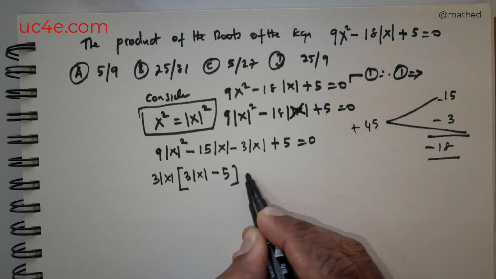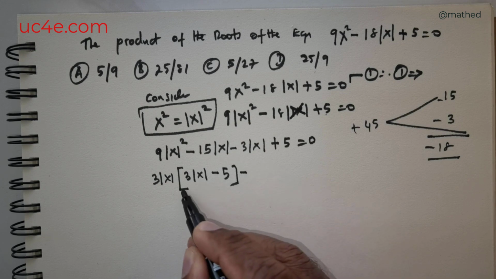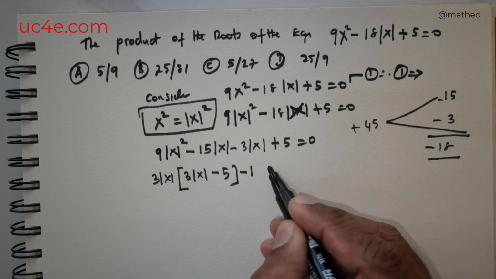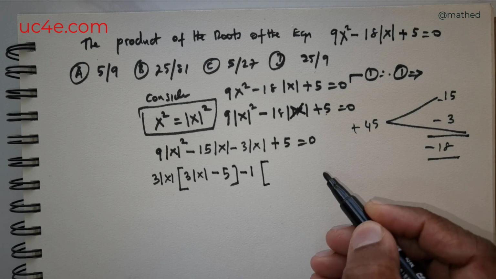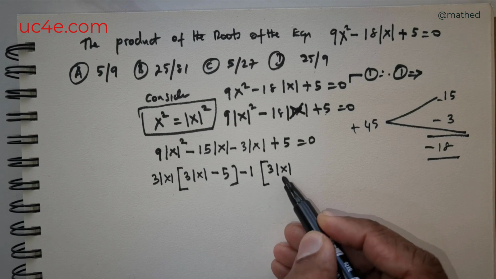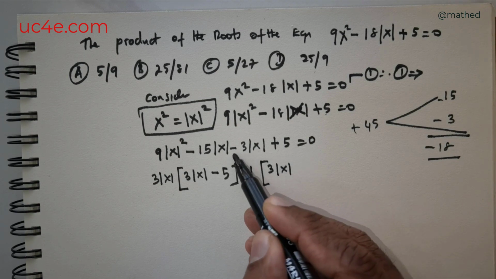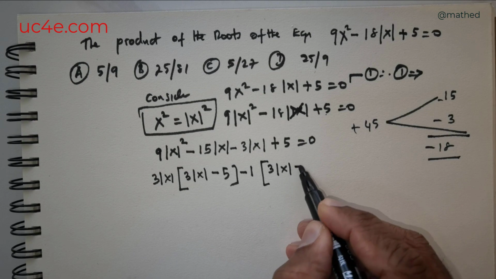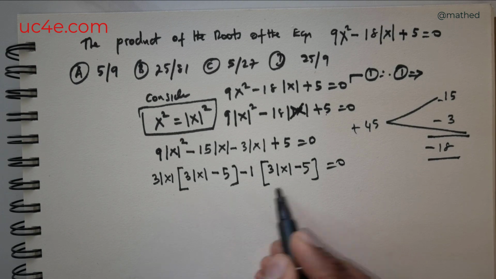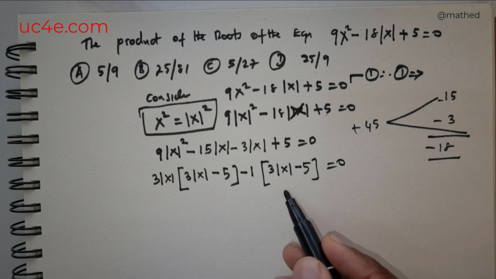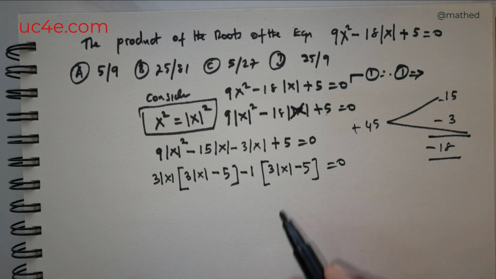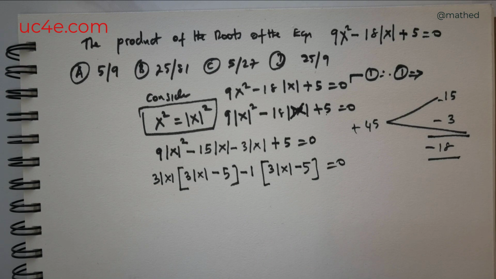Over here I also need 3 into modulus of x followed by negative 1. So let me take a negative 1 out. Negative 1 times 3 modulus of x gives negative 3 modulus of x, followed by a negative 5. You need to be careful in this way of representing things because of the presence of signs, and not only that, we have a modulus of x being present there.